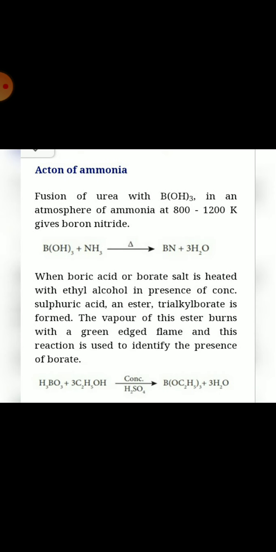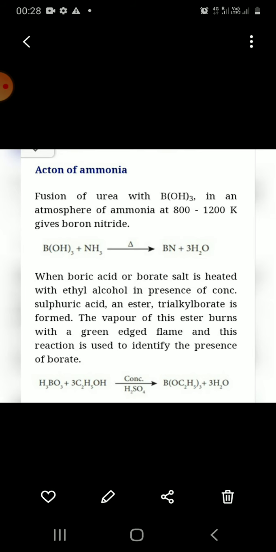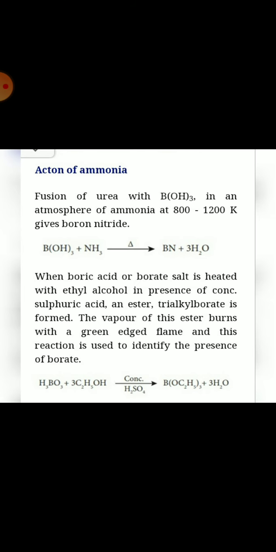Then action of ammonia. Boric acid reacts with ammonia in the fusion of urea at 800 to 1200 Kelvin to give boron nitride. So boric acid B(OH)3 reacts with ammonia NH3 to form BN. BN is the boron nitride. Then boric acid reacts with ethyl alcohol.